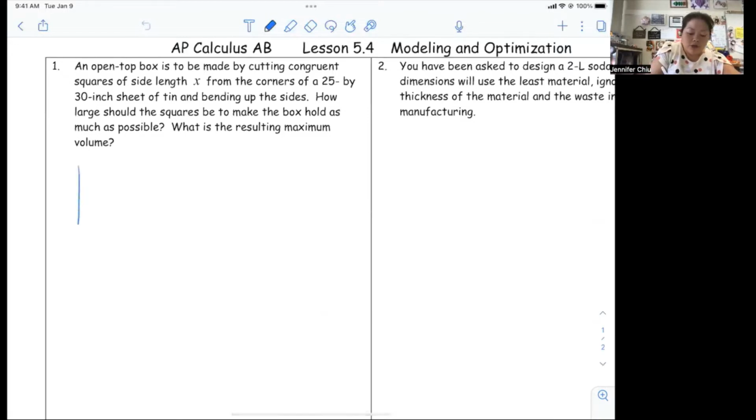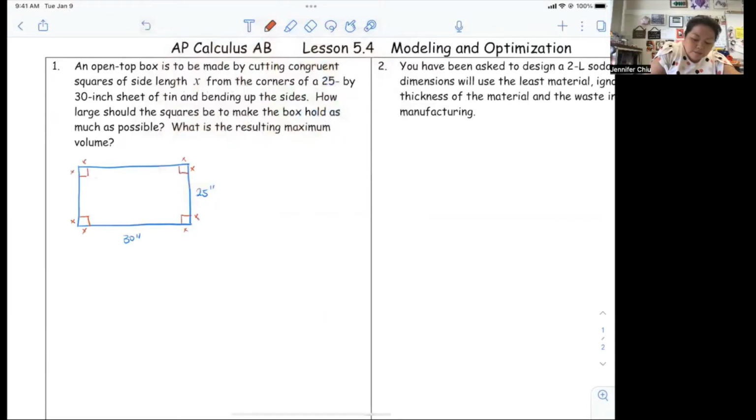So you have a rectangle sheet of tin. It's a rectangle sheet that was originally 25 inches by 30 inches. What you're going to do is cut out squares, the same size squares, x by x, on all four corners.